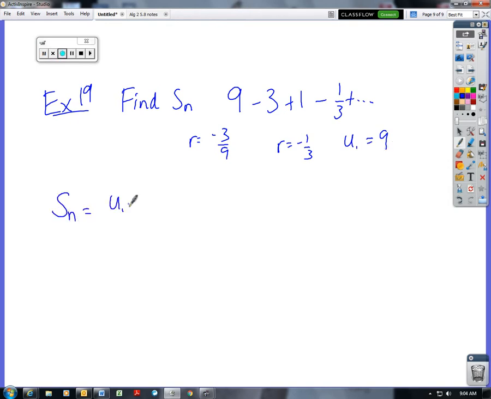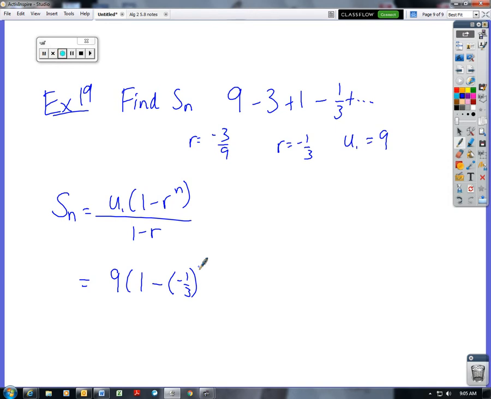U sub 1, I'll write it down again, 1 minus r to the n over 1 minus r. So U sub 1 is 9, 1 minus the ratio, -1/3. Notice you have to put your ratio in parentheses, and, oh, we don't have an n.